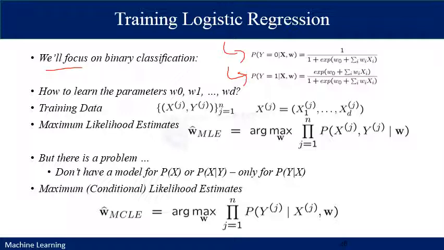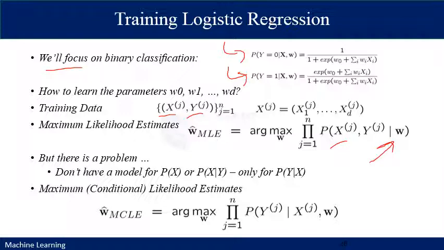And again we have the training data marked as input feature and target feature, x of j and y of j respectively. So the first and foremost thing for logistic regression is to calculate the maximum likelihood estimates depending upon the input features and given weights.